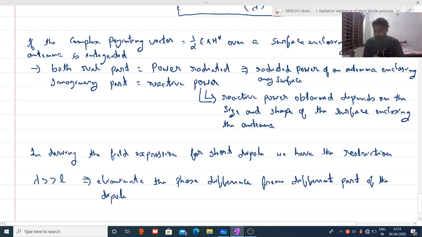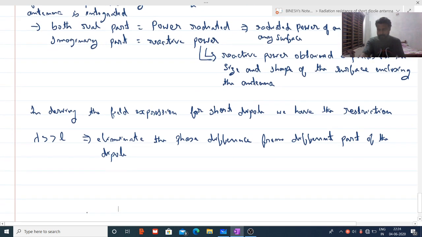Okay. So let me find the radiation resistance of a half-wave dipole violating the above assumption.